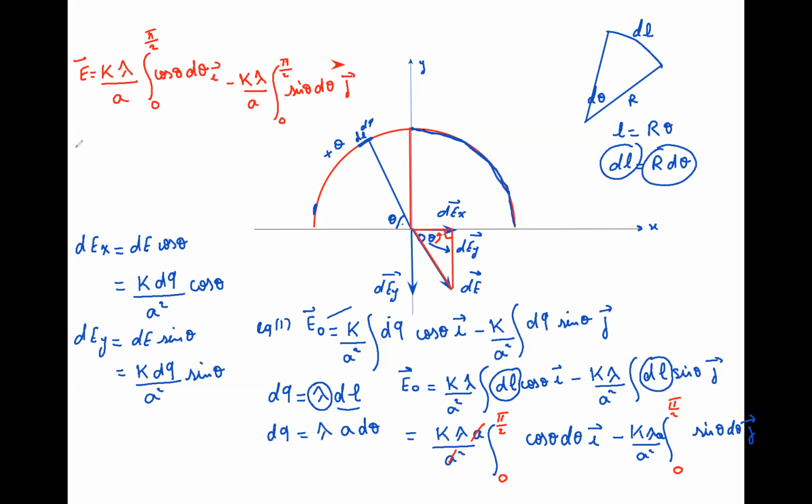So here we get k lambda divided by a. The integral of cosine theta is sine theta between 0 and pi over 2, i, minus k lambda divided by a. The integral of sine theta is minus cosine theta, so it's minus cosine theta between 0 and pi over 2, in the direction of j.